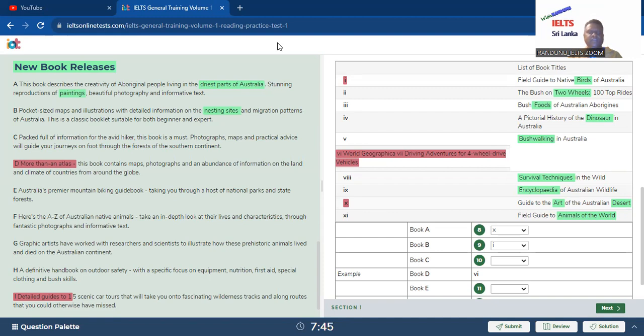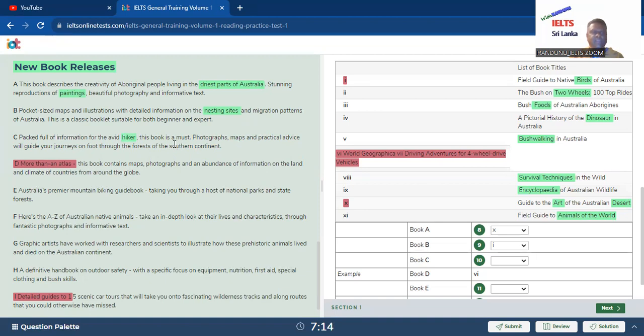So you are given the answer as 5. 5 is bushwalking in Australia. Bushwalking, C. Yes, walking. It talks about walking, pack full of information for the avid hiker, hiking, right?